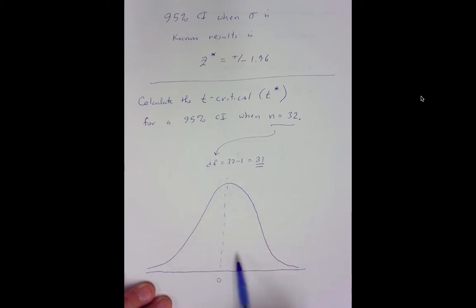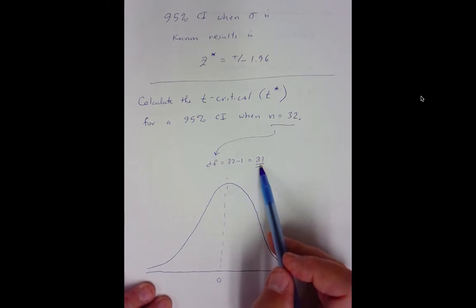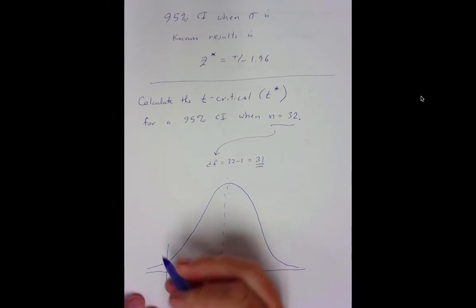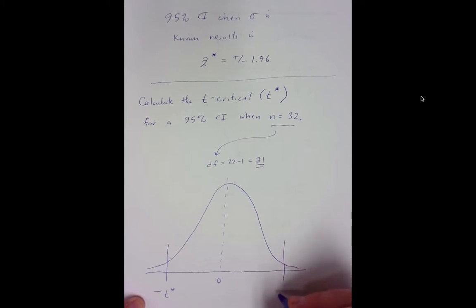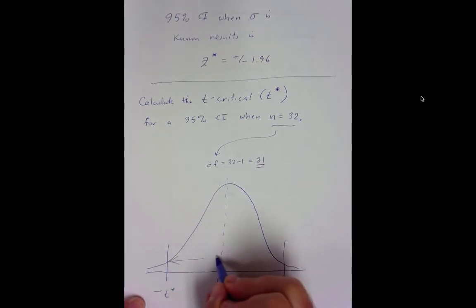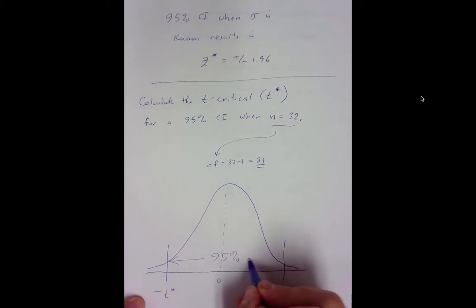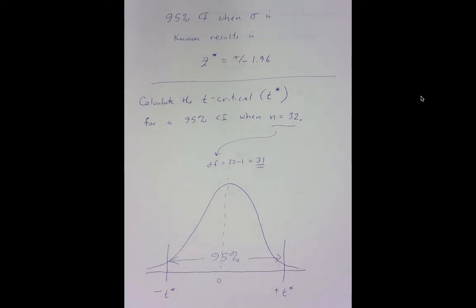So we want to find between which two values, negative t star and positive t star, capture the middle 95%.